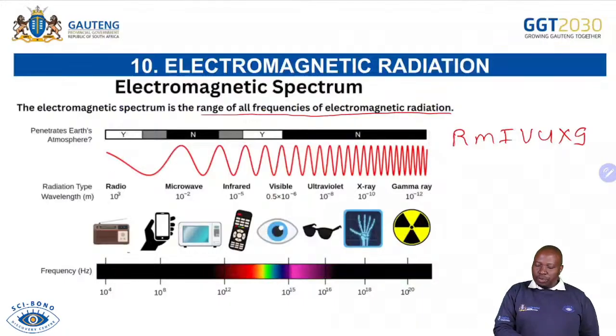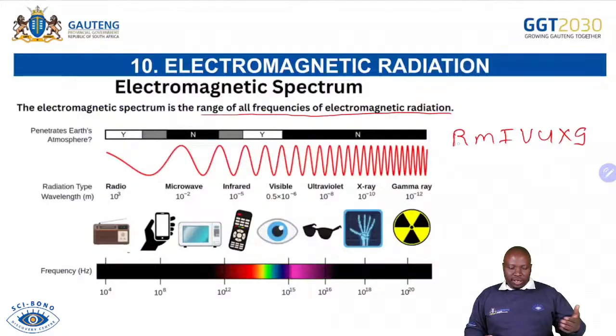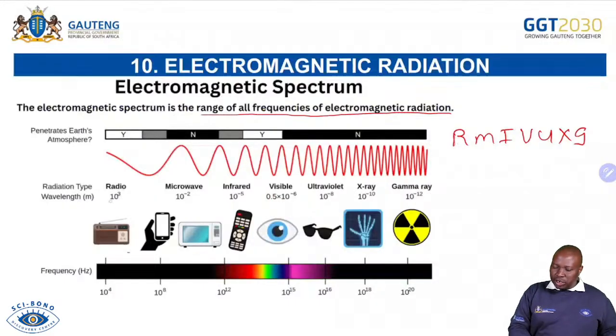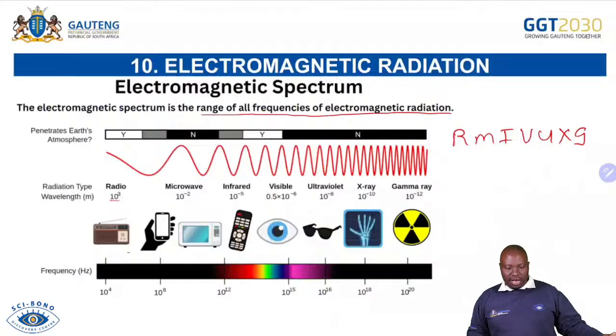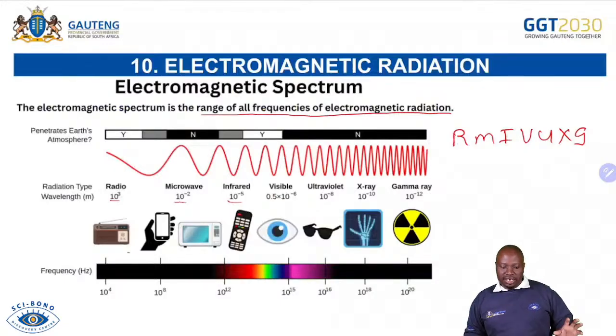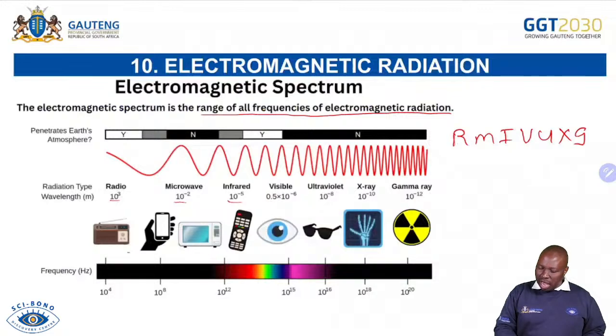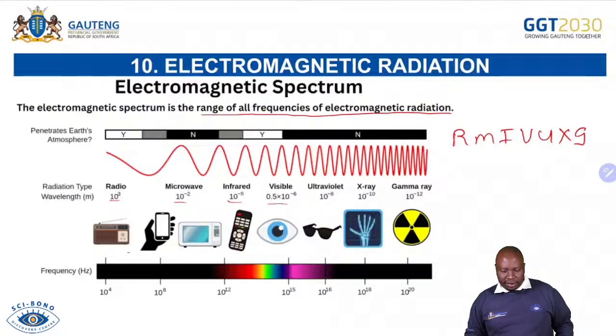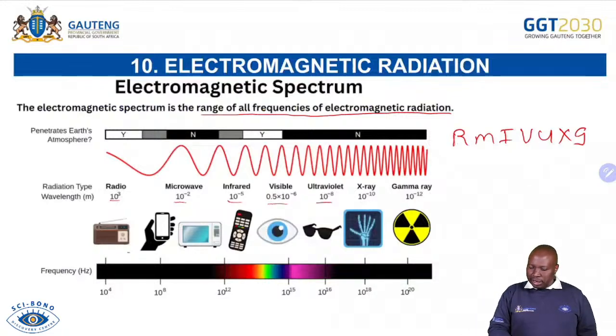We are referring to this as a spectrum because we have a range of all of them. For example, the wavelength for radio waves is 10 to the power of 3, microwave 10 to the power of -2, 10 to the power of -5 for infrared, visible light, which is half times 10 to the power of -6, UV, X-ray, and gamma ray.